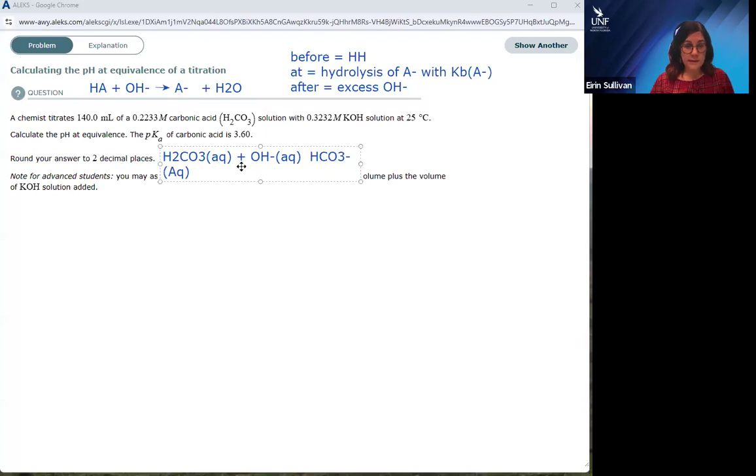and that in itself is basic. And then we have the water.